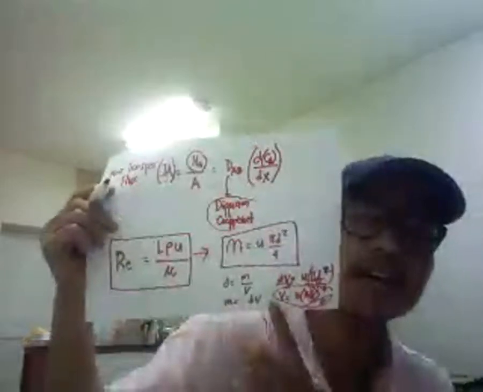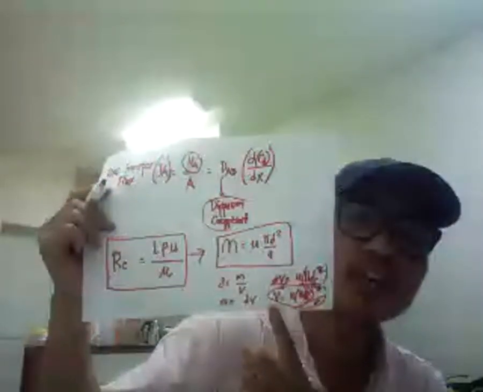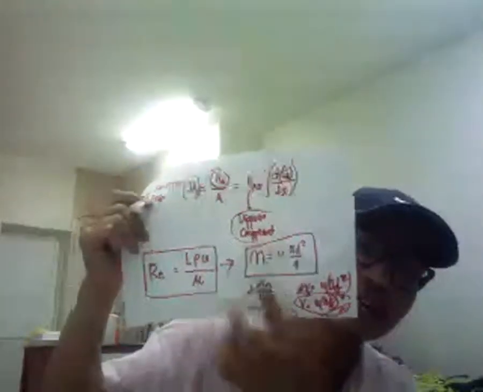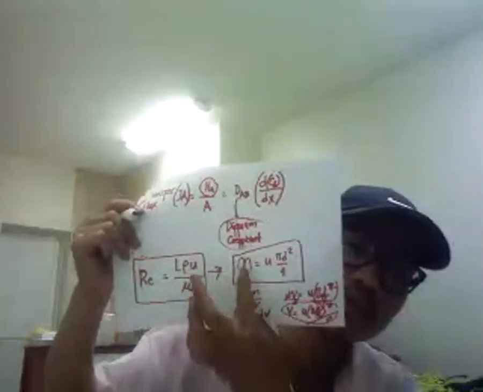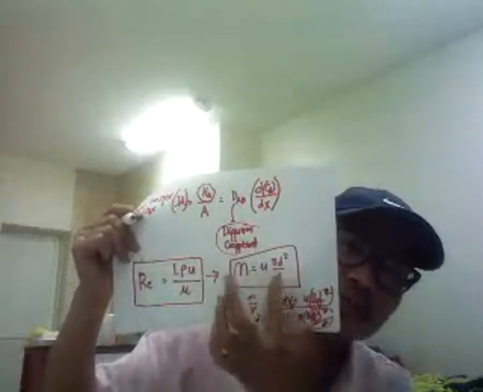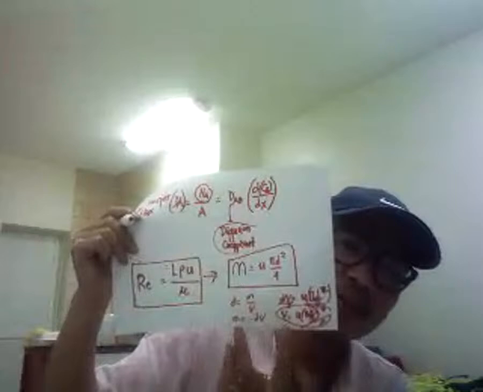Is it still clear? Okay. Basically, density is equal to mass over volume; compute for the mass, and substitute also here for the mass flow rate. This is also M. So substitute the value of density times volume here and solve for the value of the capital V, which is the volumetric flow rate.